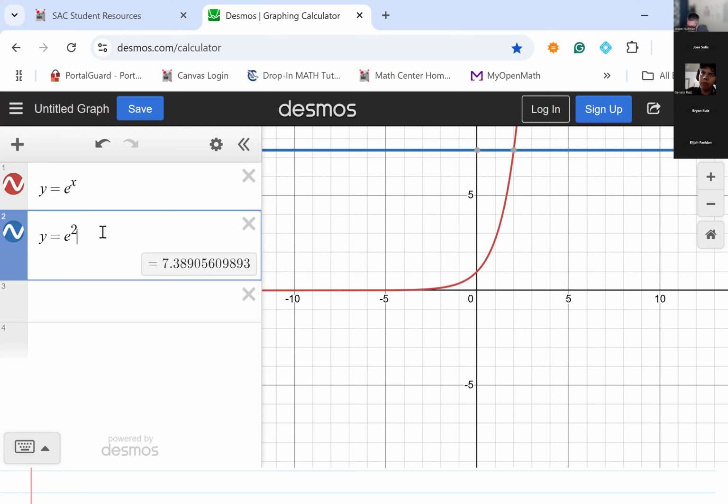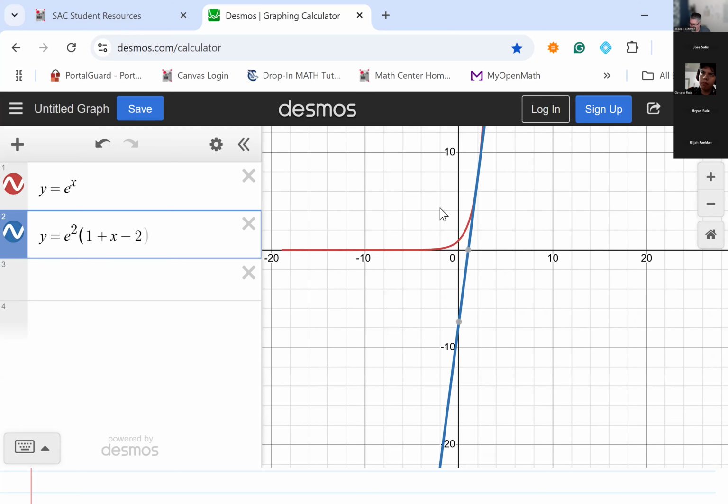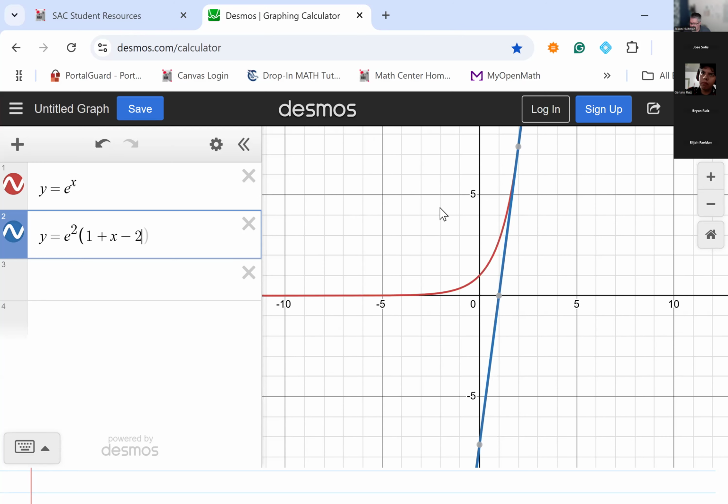Let's add in some more terms. We added the one term here. Now let's add the next term. What was the next term in my Taylor polynomial? Oh yeah, that was x minus 2. Now it's a line.